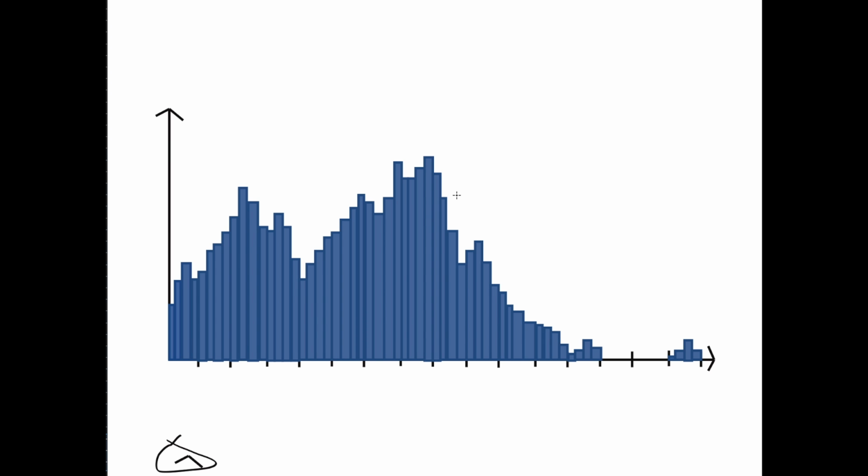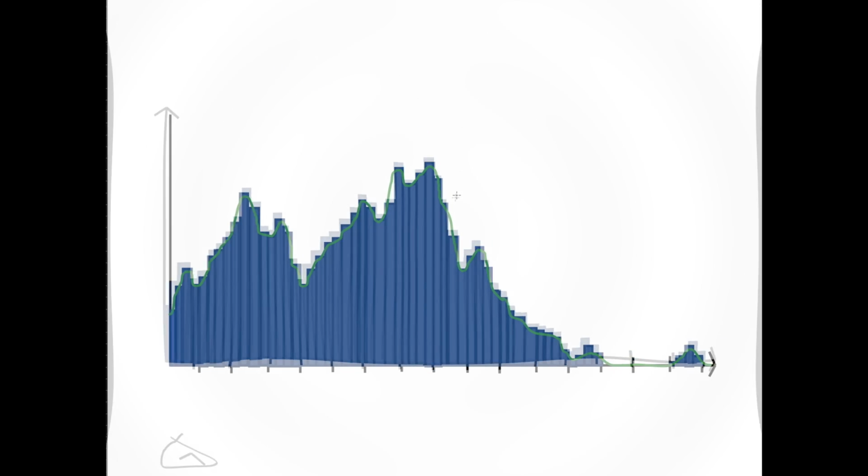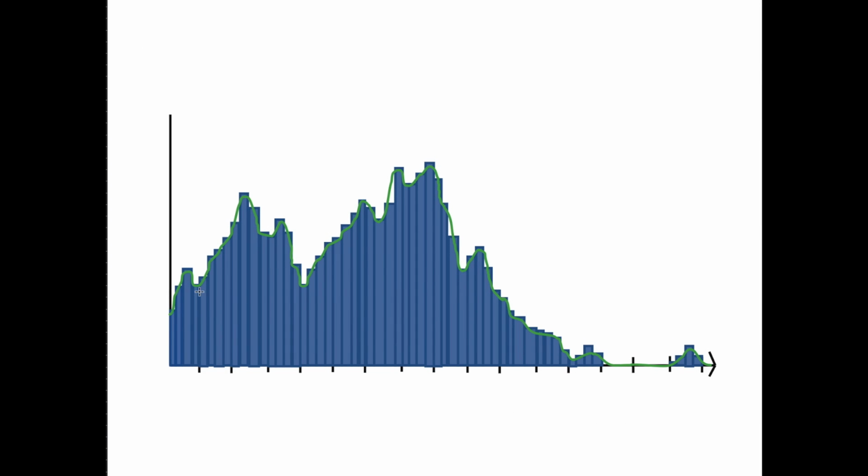Even for this, we can connect the endpoints with a line. As you can see, there's this green line that basically represents all the kids and how much computer time they had.